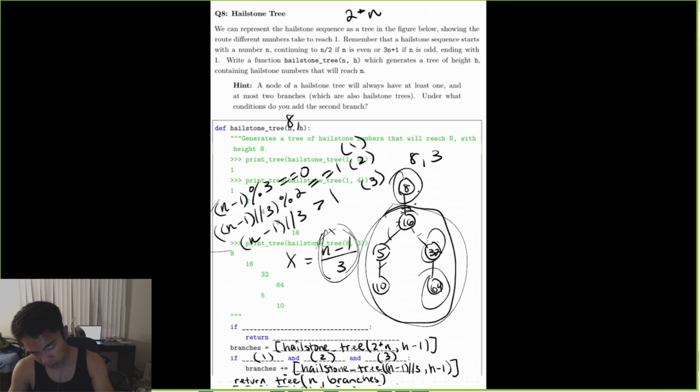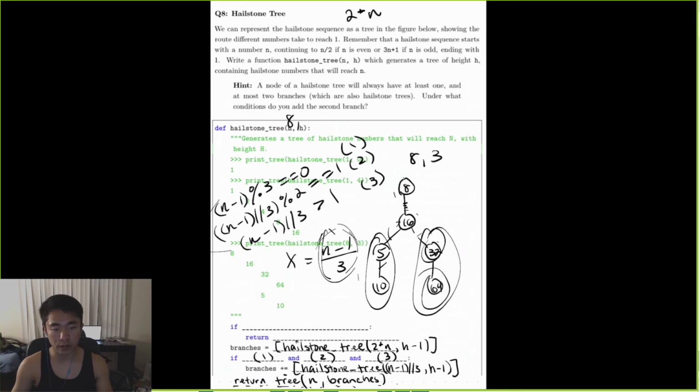And so in particular, maybe if we called it on Hailstone tree of 16 with height 2, our branches list is going to be branch 1, branch 2, and then we're going to create a new tree with a label as 16, and the branches are these 2 branches right here.